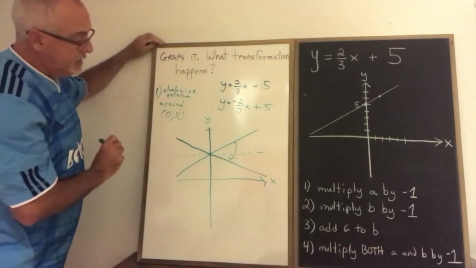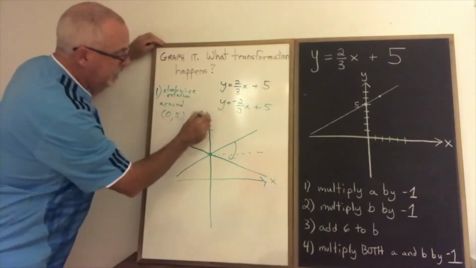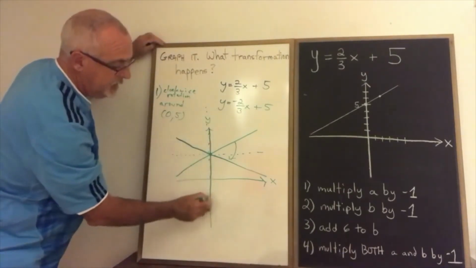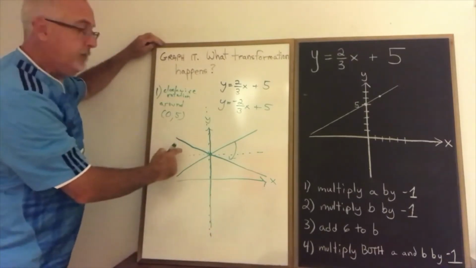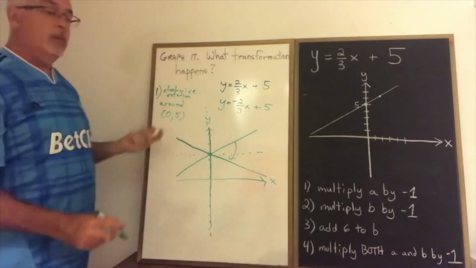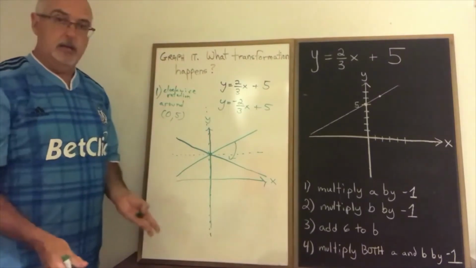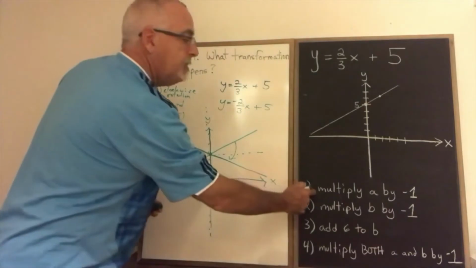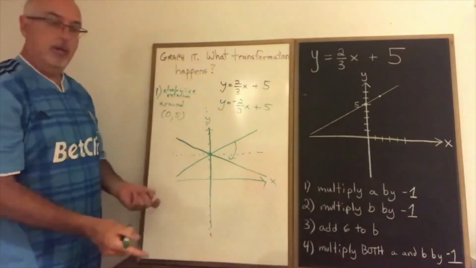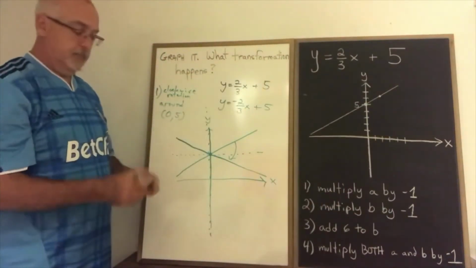And in fact, if we look at the y-axis as the mirror, we also have a reflection across the y-axis. I've come up with 3 different correct answers that use the language of transformation to answer what happens when you multiply a, the slope of this line, by -1.